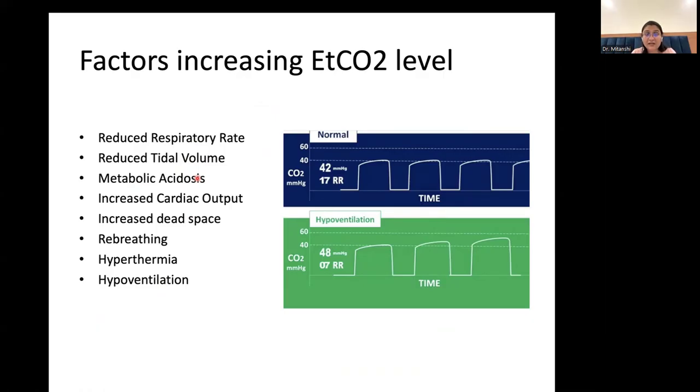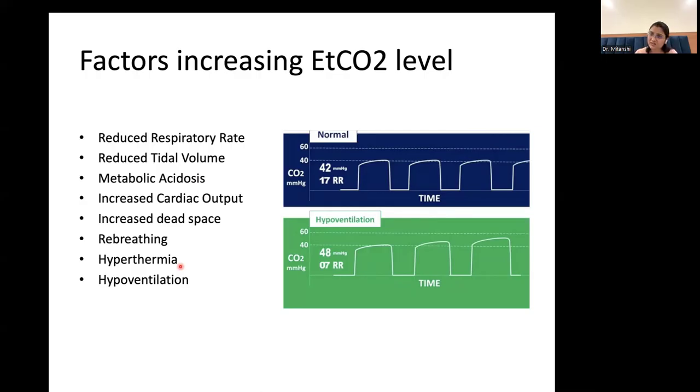And then increased cardiac output, increased dead space, rebreathing, and hyperthermia. When my patient is having a febrile episode, that is also a time when he won't be ventilating well, so that will also cause increased EtCO2 levels. Rebreathing: a circle system is something where your expired air is also given back to you for ventilation.